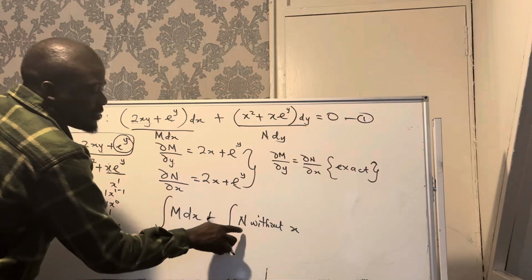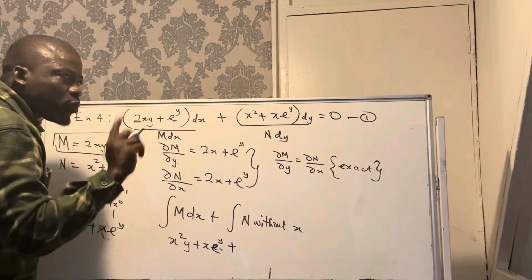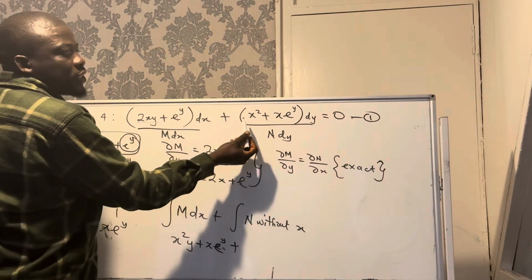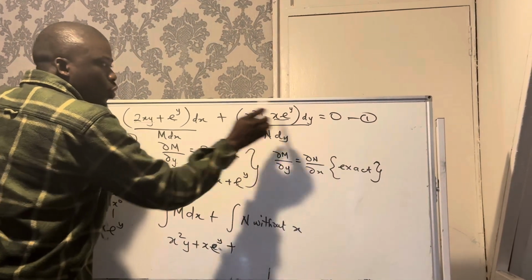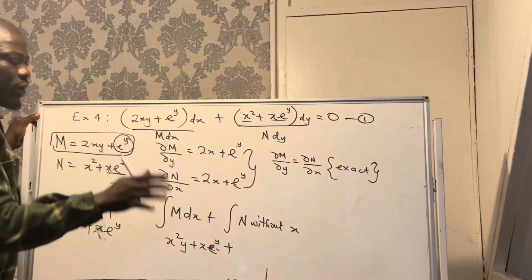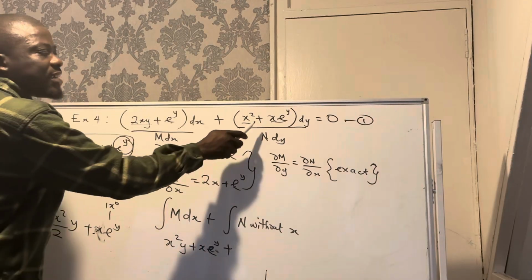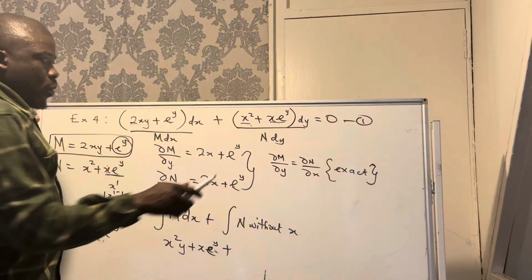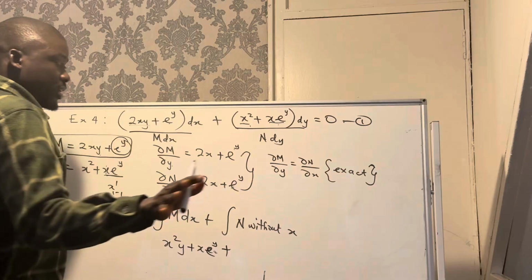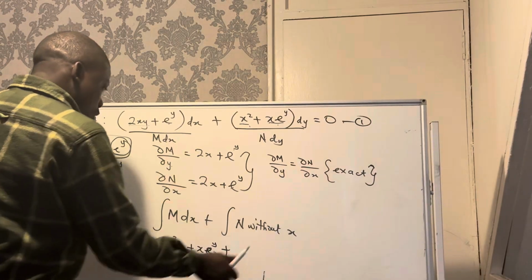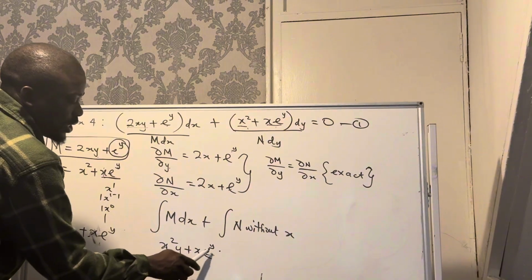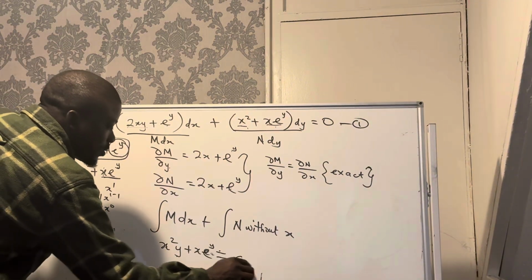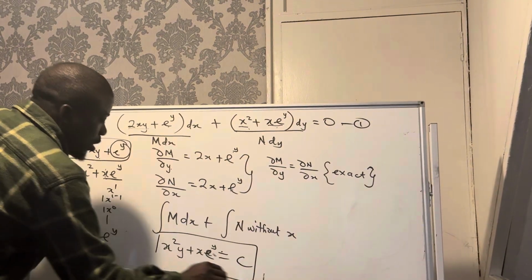Plus, now let's integrate N without x. If you look at this differential equation very well, we have x here and we have x here, so it is nullified. You can only integrate N if there is no x, but because we have x, it cannot be integrated. So the whole of this will be 0. So our answer is x squared y plus x exponential raised to y equals c. So that's our final answer.